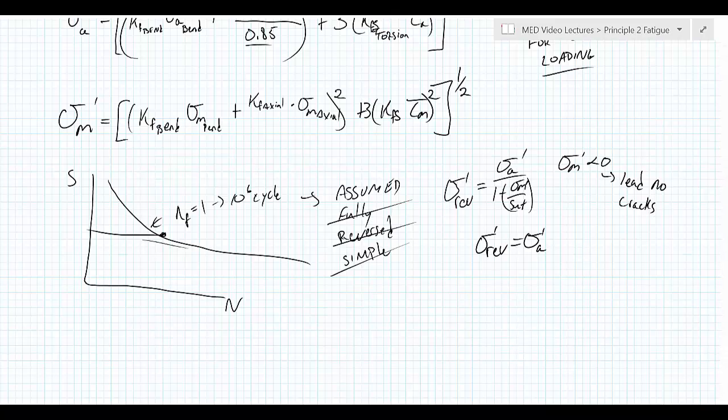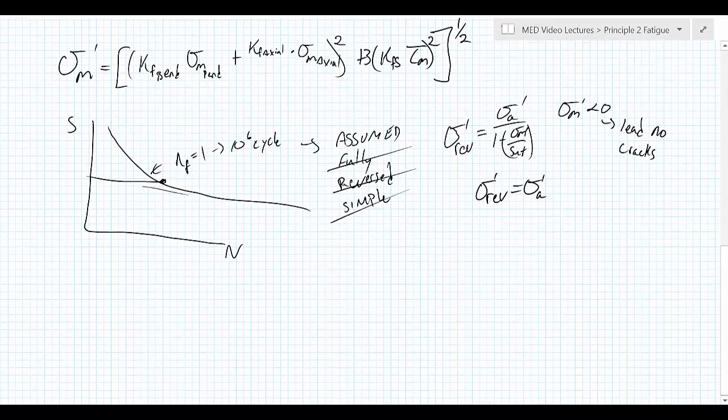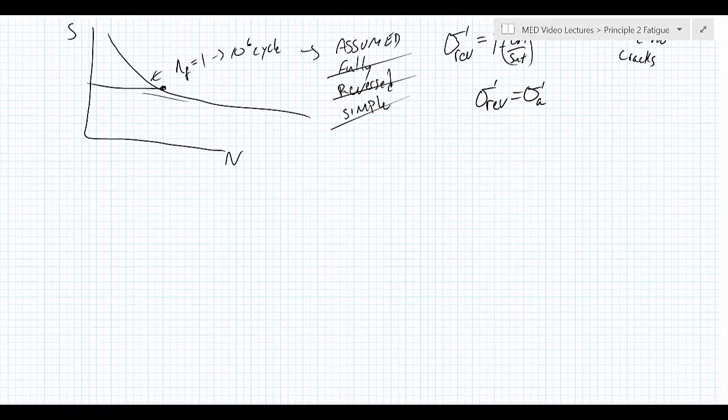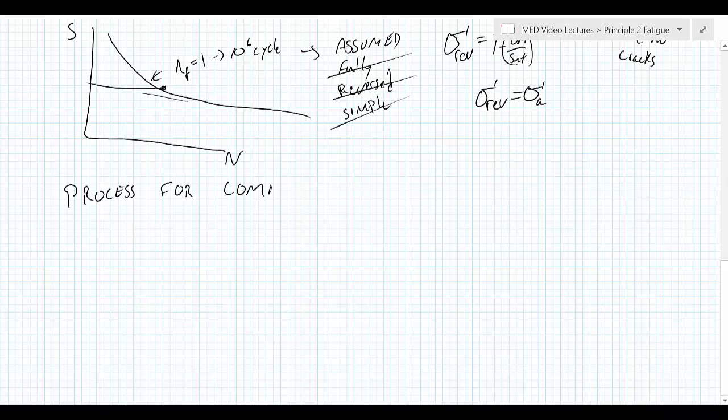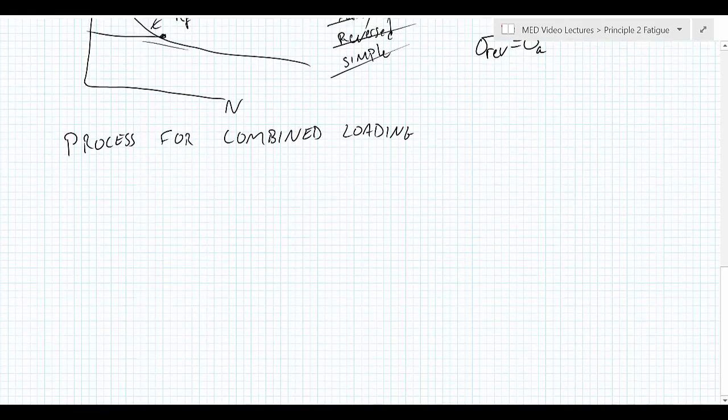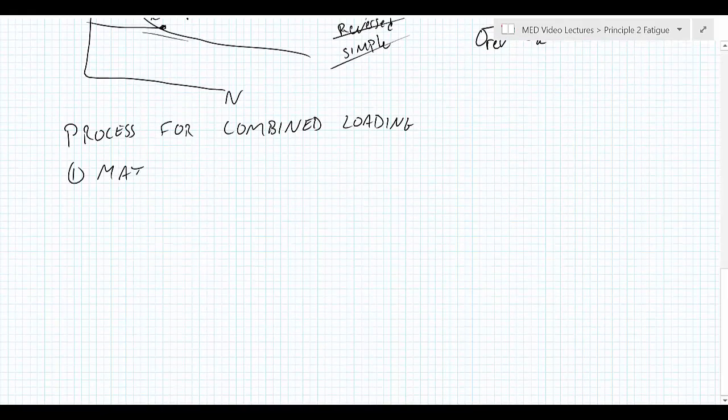So that's it. That's fairly simple for the simple modifications. Overall the process is still going to be the same. So the fatigue process for combined loading looks basically the same. First of all, we'll start with material properties.